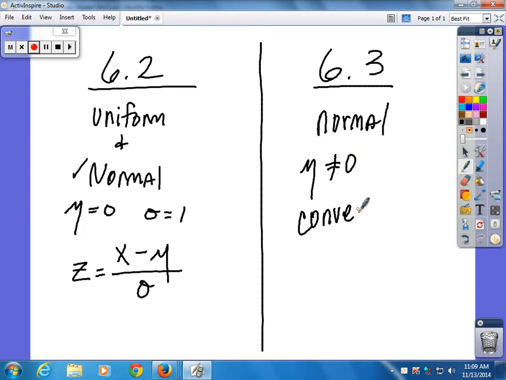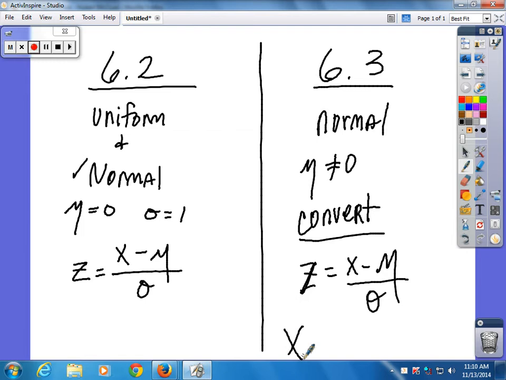Just like we did over here, except you have to convert using that formula. And you have to do a derivation of this formula. If you're trying to find x, that's equal to zσ plus mu. So you're going to be working with those two formulas.